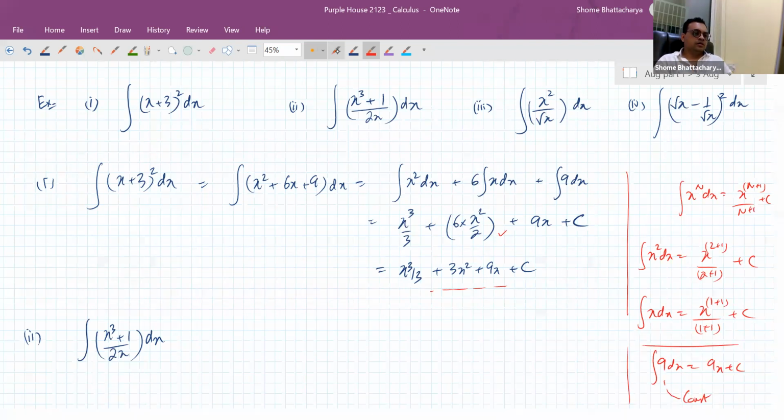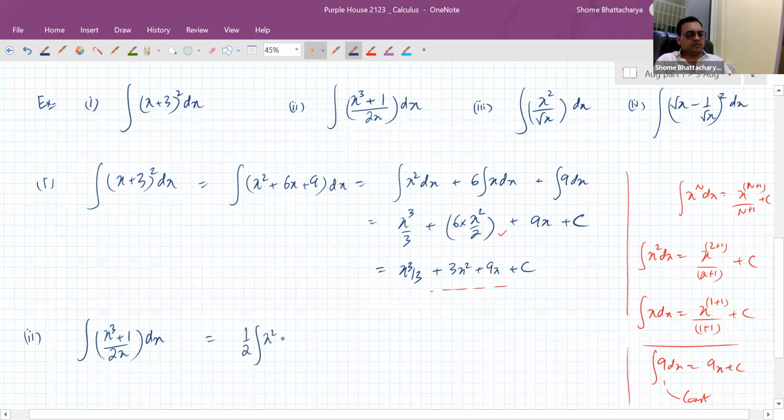All right, let's look at the second one. In the second one, we can just separate out the terms. So this will become x square, the half comes outside, and again keep the half outside and dx by x. So integration of x square we've just seen is x cubed by 3. So 1 by 2 into x cubed by 3 plus integration of 1 by x is the exception term, ln x.